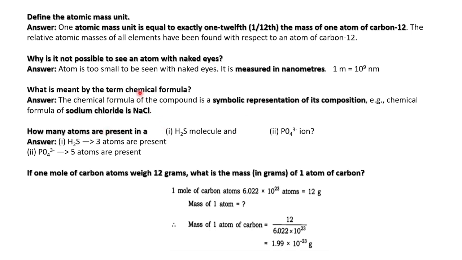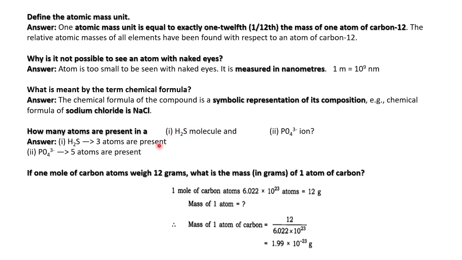Then next one: how many atoms are present in a hydrogen sulfide molecule or a phosphate ion? Here we have to find the number of atoms. In hydrogen sulfide, sulfur is 1 and hydrogen is 2, so 2 plus 1, 3 atoms are present.